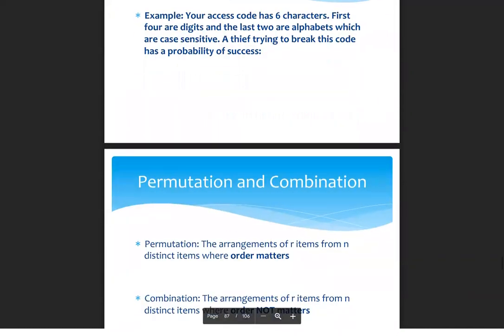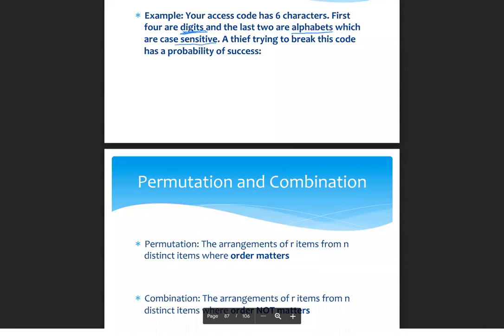Next. So this is a bit of an interesting problem. Let's say you have an access code, 6 characters. First 4 are digits. And the last 2 are alphabets, which are case sensitive. So remember, they are case sensitive.